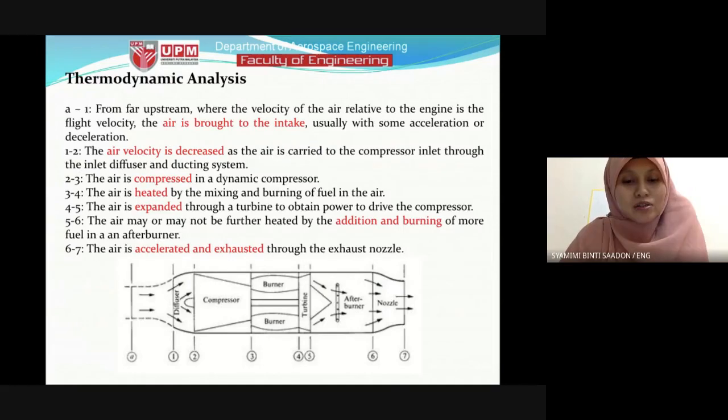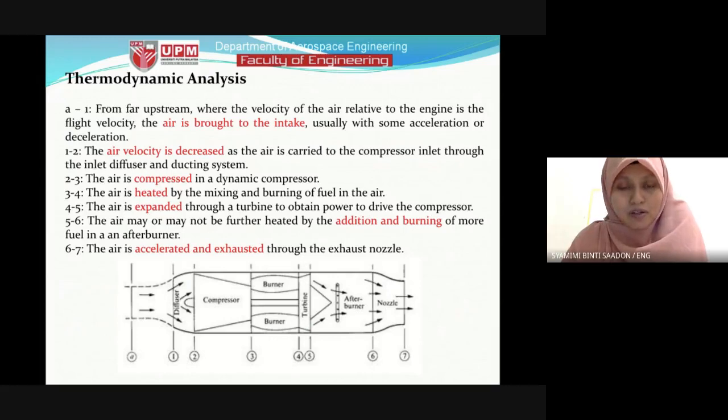From 1 to 2, 2 to 3, like the power plant in aerothermodynamics that you have learned, what happens from location 2 to 3, what happened from 4 to 5, whether the temperature increases, pressure increases or what. That is the important thing that you have to know. From there, you will understand how to evaluate the performance of the turbofan and turbojet engine.